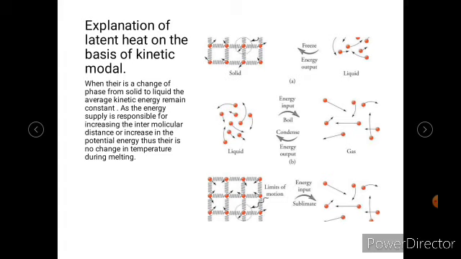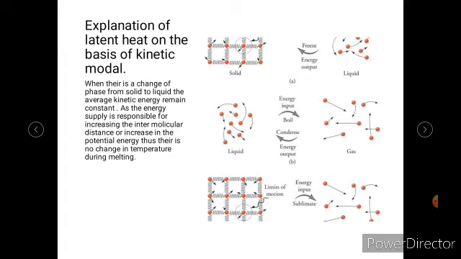Similarly, in liquid and gas, the space between the molecules is very large here and very small here, and the movement in this case is more while the movement in this case is less. But since they have more distance between them, their average will be the same.